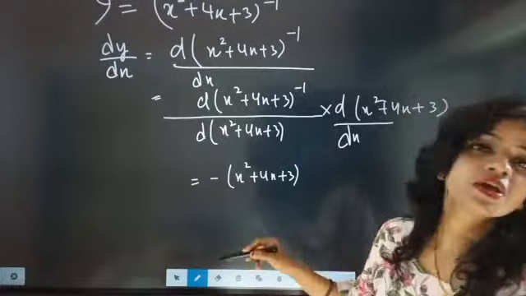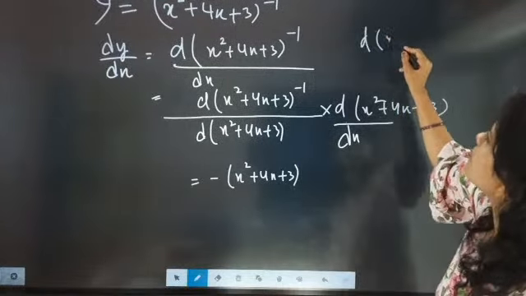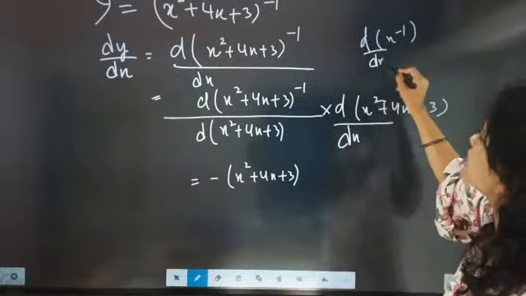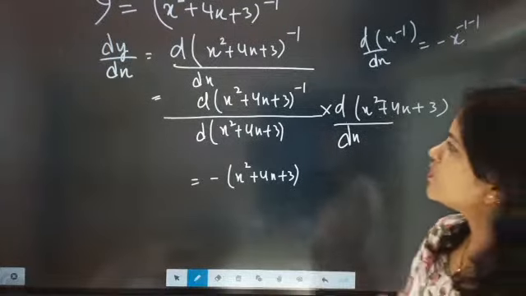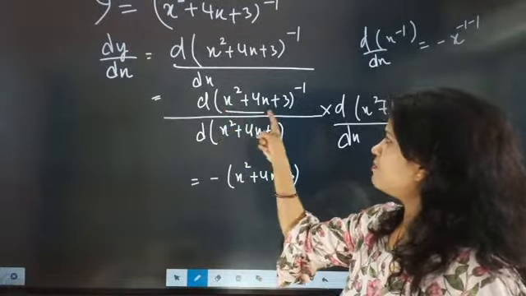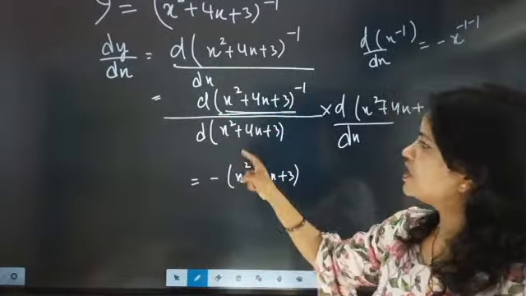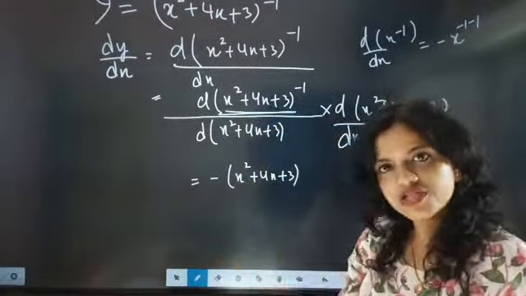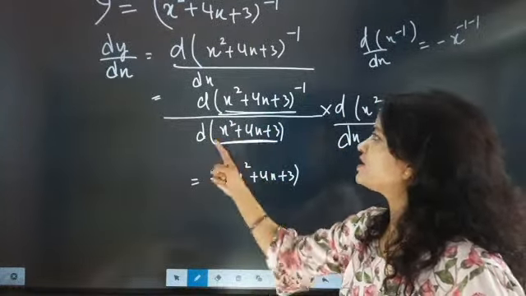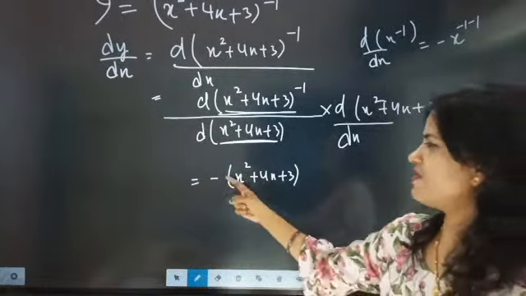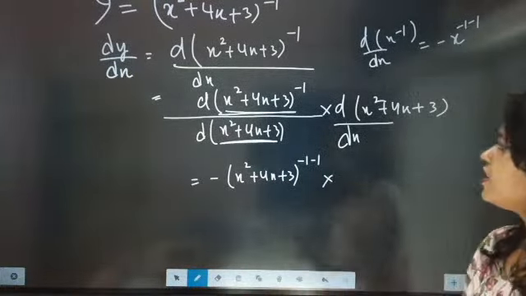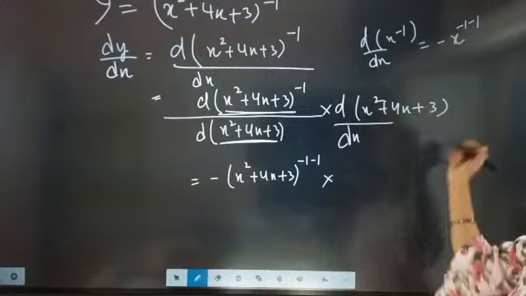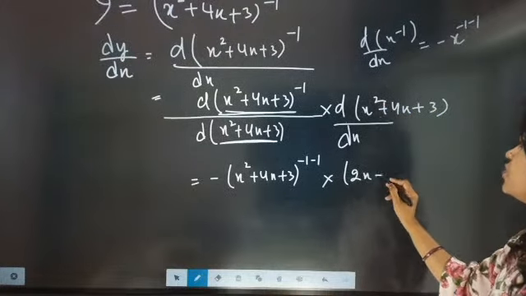I told you that when x to the power minus 1 is differentiated with respect to x, it will become minus x to the power minus 1 minus 1. So here, since this complete part has an inverse, we differentiate it with respect to the same internal part. So it should come as minus outside. This one will become minus 1 minus 1. Now here the derivative of x square plus 4x plus 3 will become 2x plus 4.